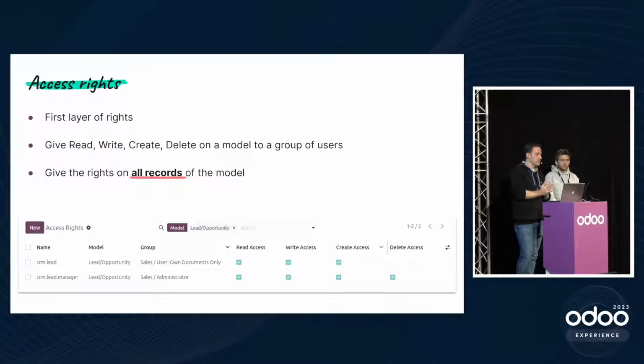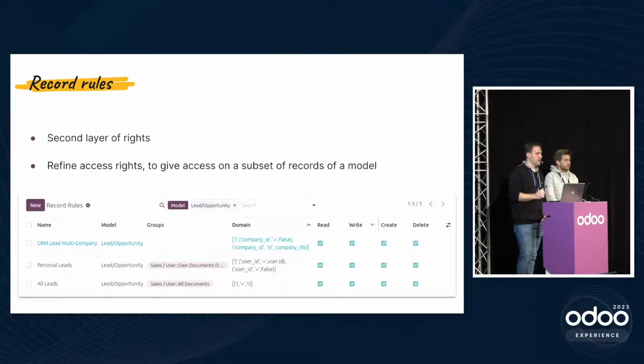But sometimes you want to refine the control and give access to some of the records inside a table. So some people will be able to access some of the records and not all of them. That's accomplished with what we call record rules. It's a technical model called ir.rule, and that allows you to refine the permissions within a table.